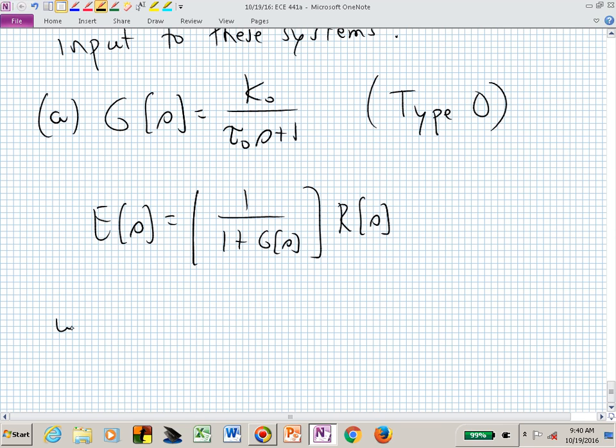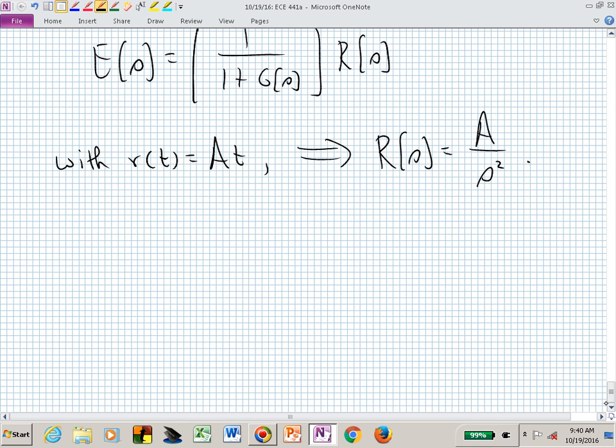But if we have a ramp, let's say now we do have it with a particular slope of A times t, what's R of S now? I now have A over S squared. So let's now look at what happens to our error when we have an input R of S of A over S squared.